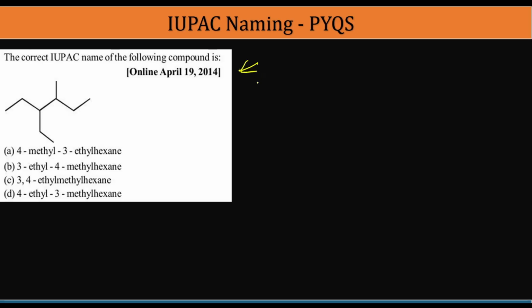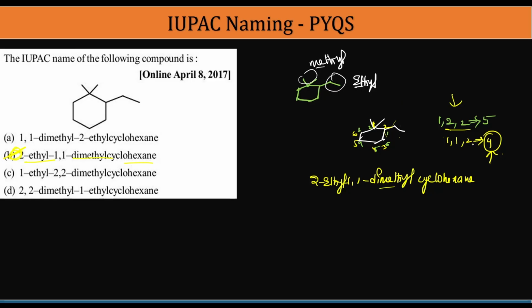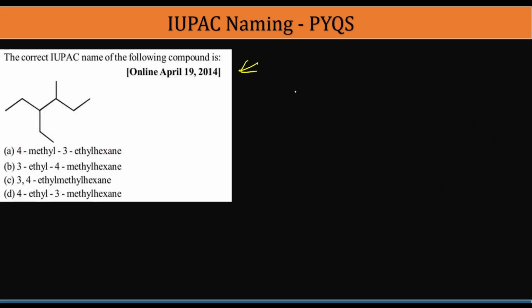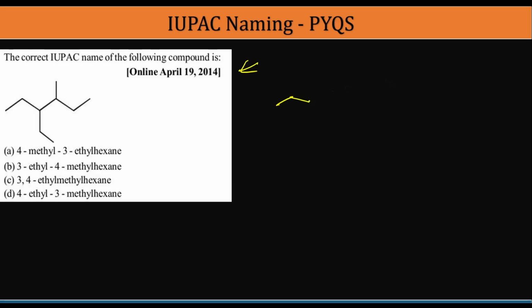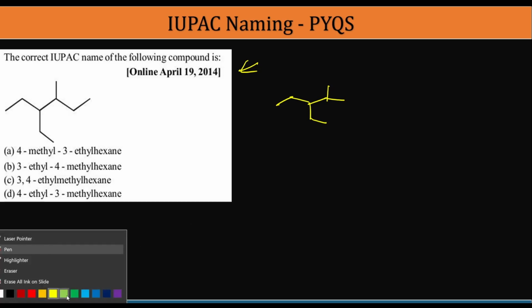It's easy. Like in the above example, we have seen that according to the lowest locant rule, we gave priority to this, right? 1 methyl. But here in this case, what happens? Now, how will you give the numbering?